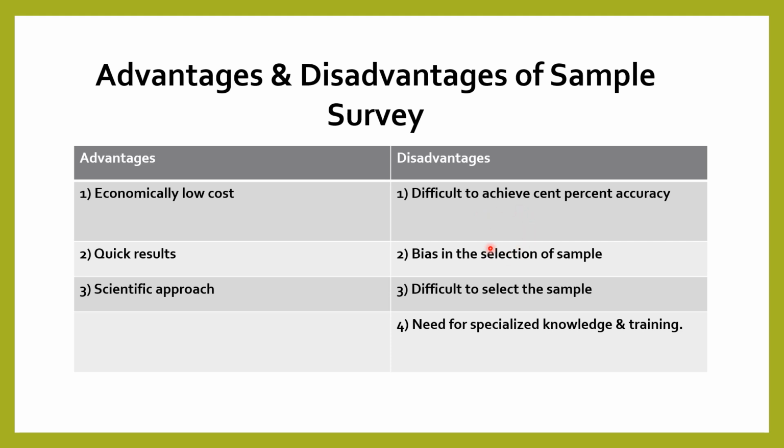So it will be reliable. Here in this sample survey, we take only a few items' results from the whole population. So it cannot be reliable. There can be some minimum error in it. So it is difficult to achieve 100% accuracy. Here 100% is nothing but 100 out of 100 accuracy.